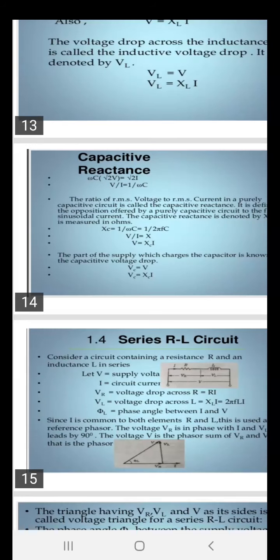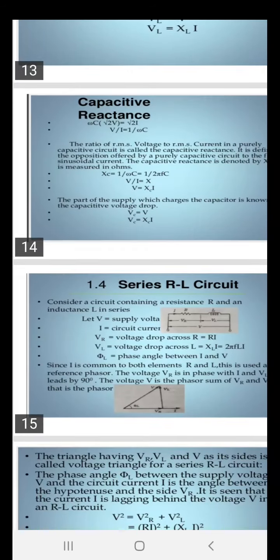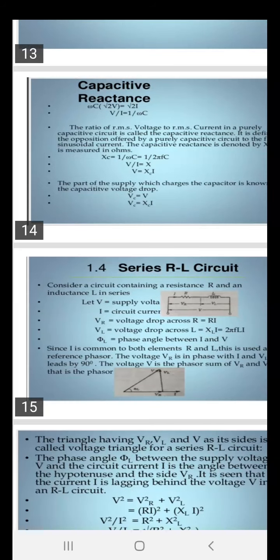Series RL circuit. Consider a circuit containing resistance R and inductance L in series. Let V be the supply voltage and I the circuit current. V_R, the voltage drop across R, is equal to RI.